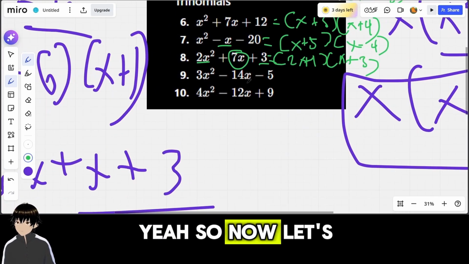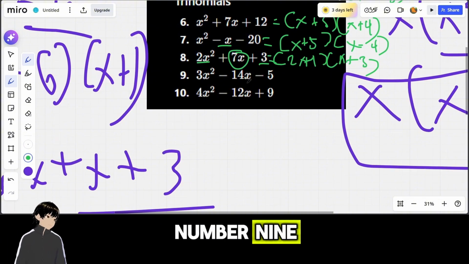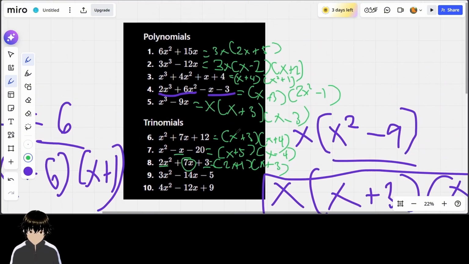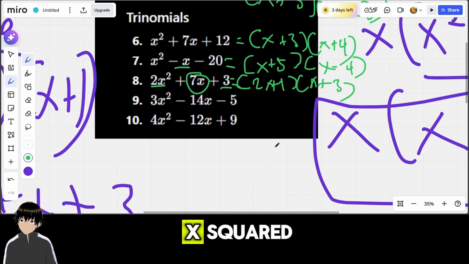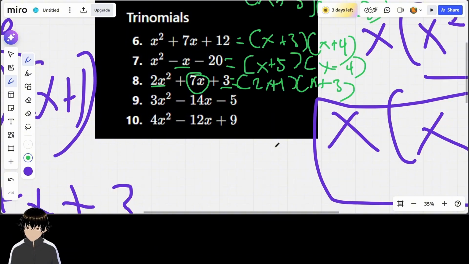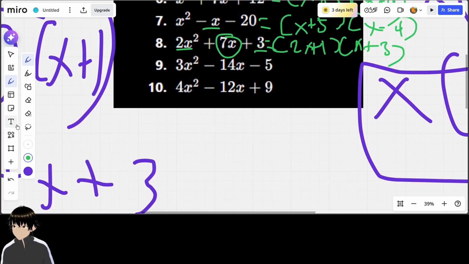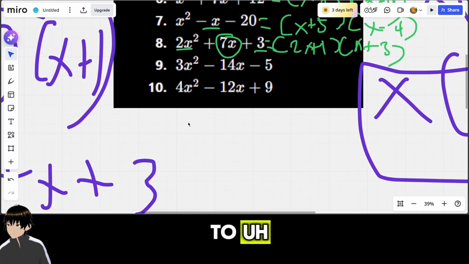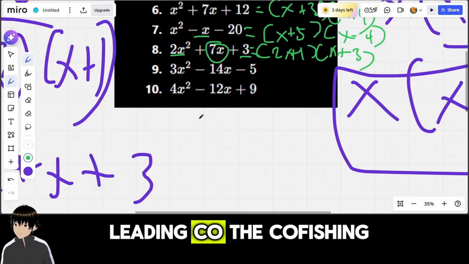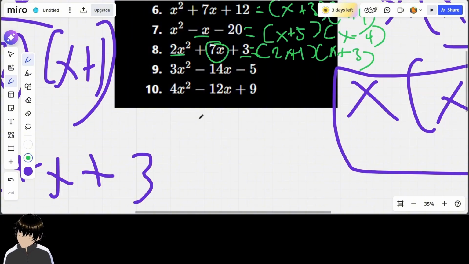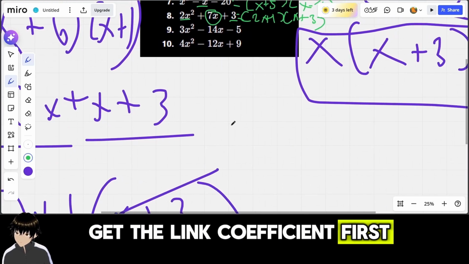Yeah. So now let's do number 9. We have 3x squared minus 14x minus 5. So we just have to get the leading coefficient. Yeah, you have to get the leading coefficient first.